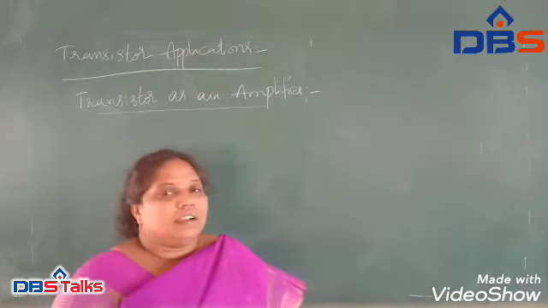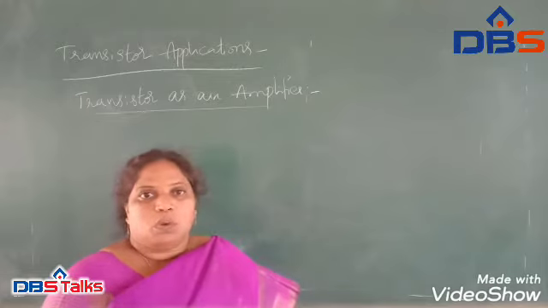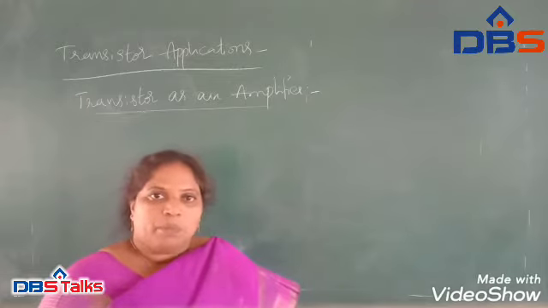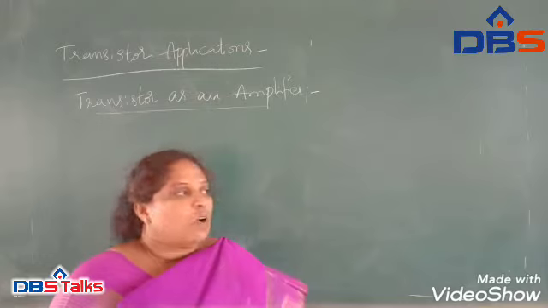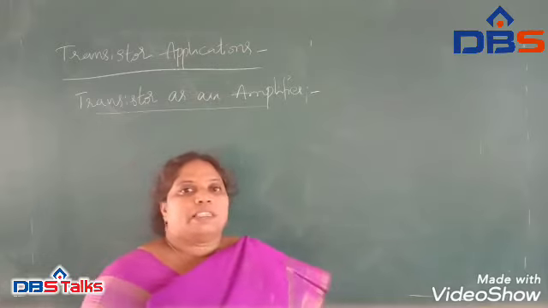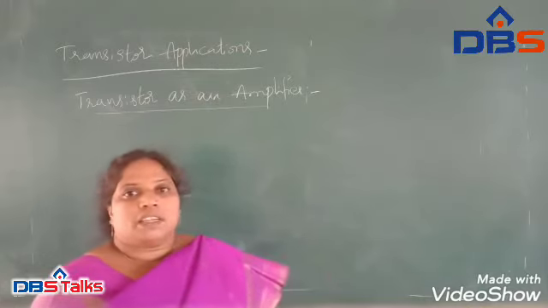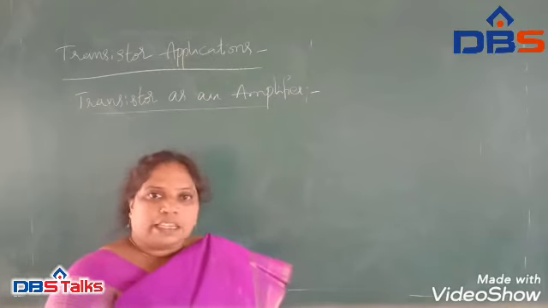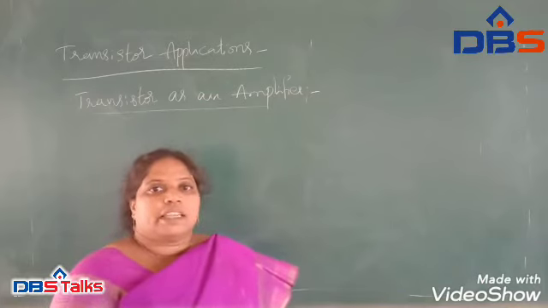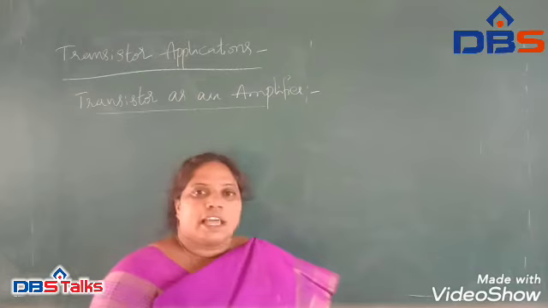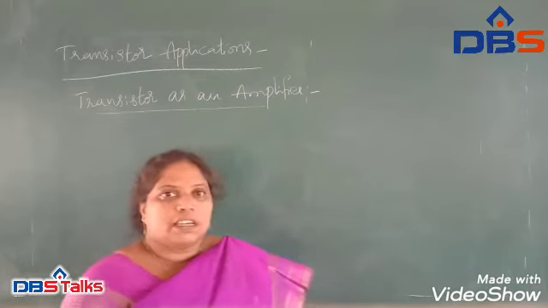When the input junction is forward biased and the output junction is reverse biased, and both conditions are satisfied, that is the active region. When it is in the active region, the transistor is an amplification transistor.